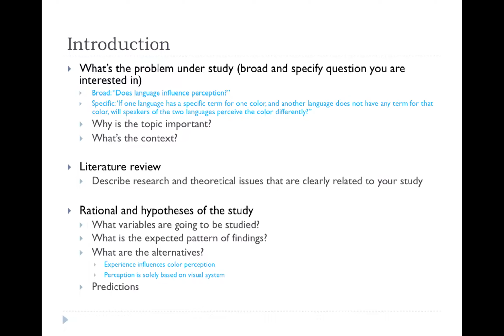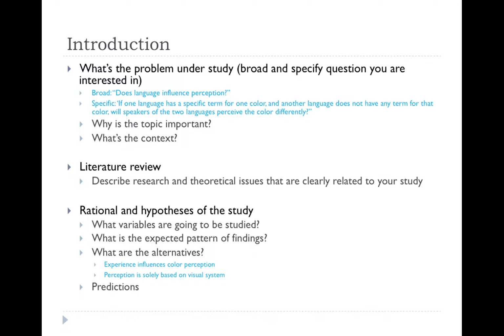To give you an example, you might say, this paper looks at if language influences perception. Specifically, if one language has a specific term for one color and another language does not have any terms for that color, will speakers of the two languages perceive the color differently? So you always want to start out with a broader statement and then narrow it down to let the reader know specifically what you focused on.